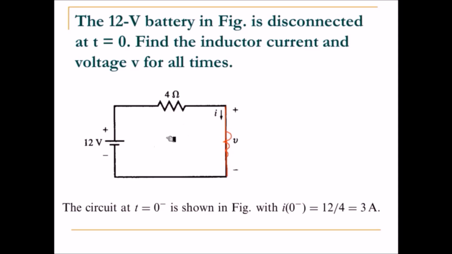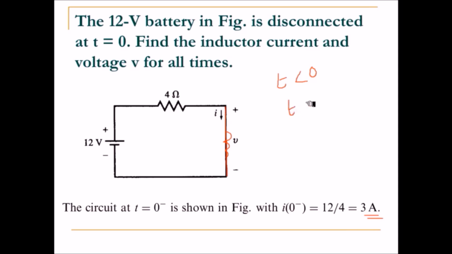The current flowing through the inductor when t is less than 0 is 12 by 4, which is 3 amperes. So the current flowing through the inductor is equal to 3 ampere when t is less than 0, right?